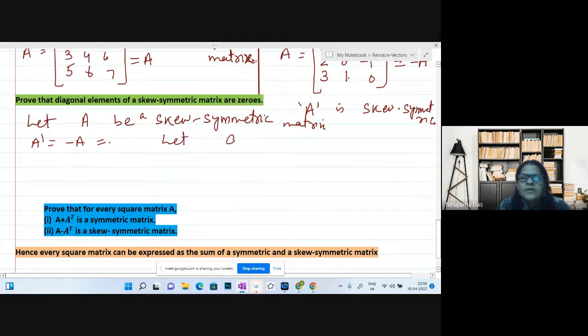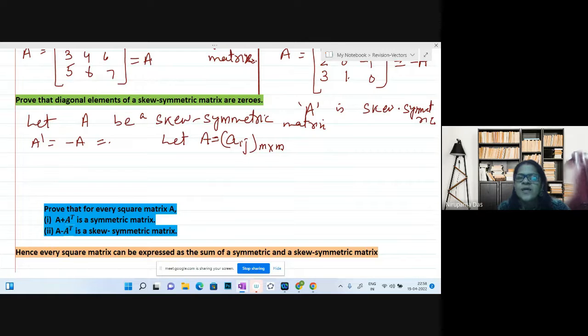Let A equal Aij of order m by m, because skew-symmetric matrices are square matrices. The diagonal element concept exists in square matrices only.